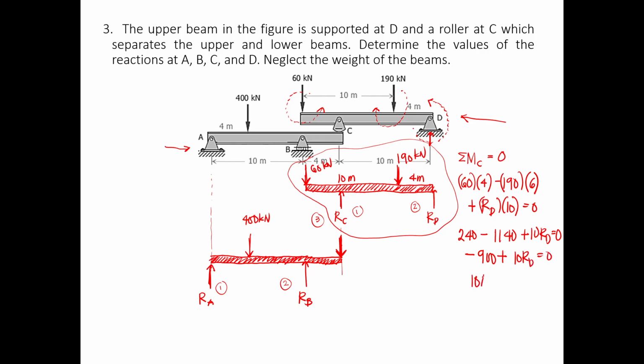So you have 10 RD equals 900. Divided by 10, RD is 90 kilonewtons.